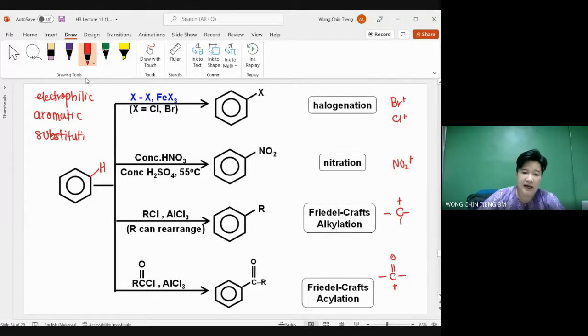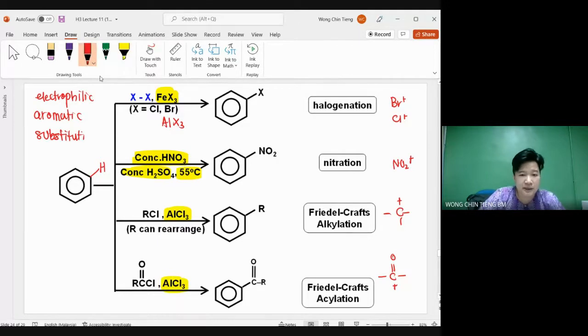Okay, and don't forget all the catalysts. Your FeCl3 or FeBr3, ataupun kat sini boleh guna AlX3, AlBr3, AlCl3. Sama juga concentrated HNO3, concentrated sulfuric acid 55 degrees Celsius. Same catalyst AlCl3, AlCl3.